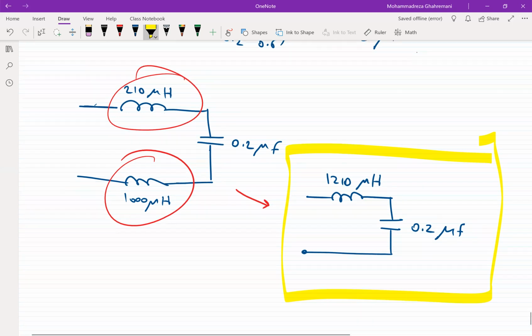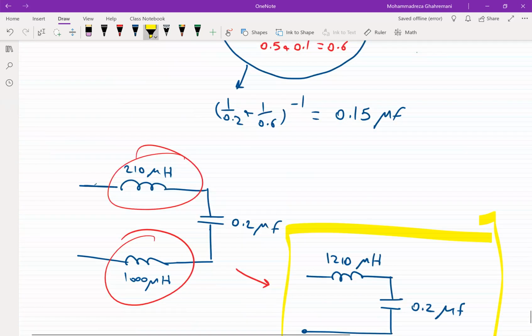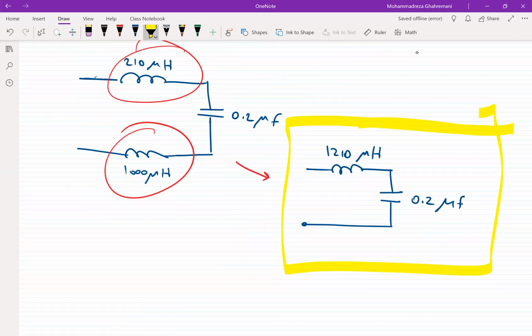So our original circuit with 1, 2, 3, 4, 5, 6, 7 elements is converted to a circuit with two elements, one capacitor and one inductor. Okay, so this was an introduction to capacitors and inductors. We continue in the next lecture.